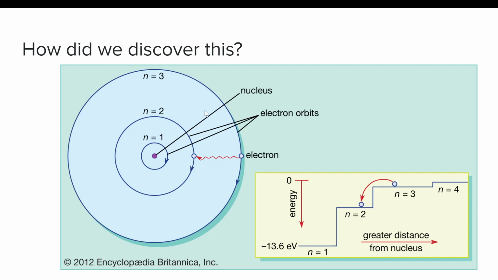If an electron was excited, it would be at a higher energy level, and then when it cooled down, it would shoot off some light. And that light was always a direct wavelength, because it was always the same distance that it was going down.